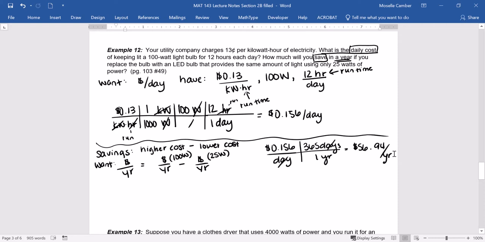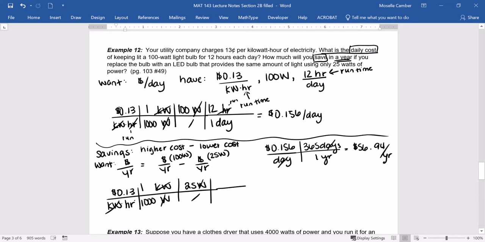Now let's see how much it would cost if instead we have a 25-watt light bulb. So again, we have the same cost per kilowatt hour, and we're going to do the same kind of thing we were just doing. Last time you need to get to kilowatts. This time, instead of 100 watts, we have 25 watts. But I need to convert, just like we did before, from kilowatts to watts, and then I can put my 25 watts here. So now watts cancel.